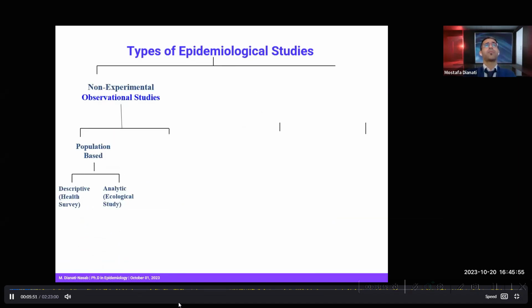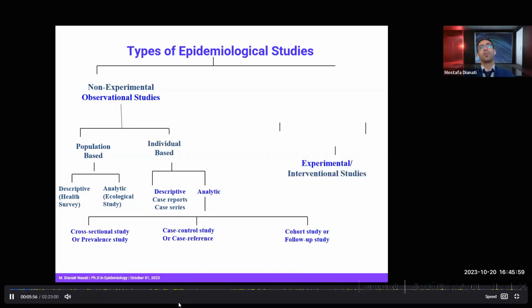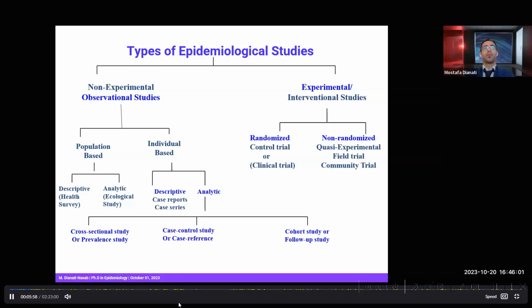You remember during the previous meeting, I mentioned several times that please remember this chart. For cohort studies, as you see, this is categorized under individual-based studies, analytical, and non-experimental studies, which is observational study.